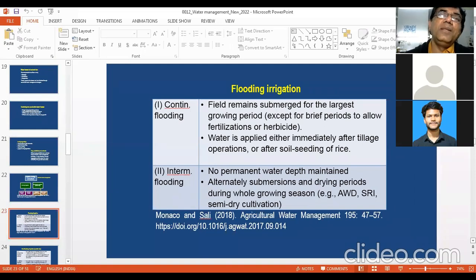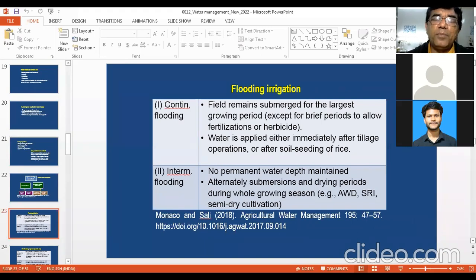You can remember that in rice water management, there is no one straight answer. If somebody asks how to manage water in rice, the answer is not that easy. First you have to say that there are different establishment methods of rice, and water management varies with the method of establishment.